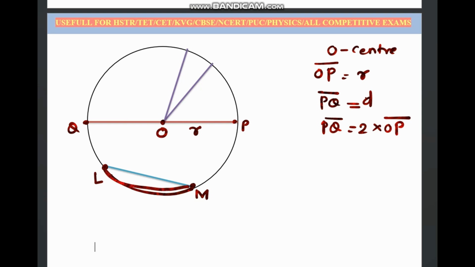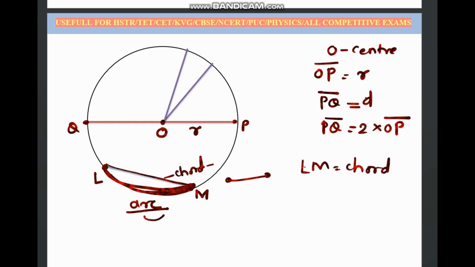This LM, which is a curved path, is called an arc, and this LM, which is a straight line, is called a chord. You must know the difference between arc and chord. An arc is a curved line and a chord is a straight line which connects two points on the circumference of a circle. So LM is a chord.